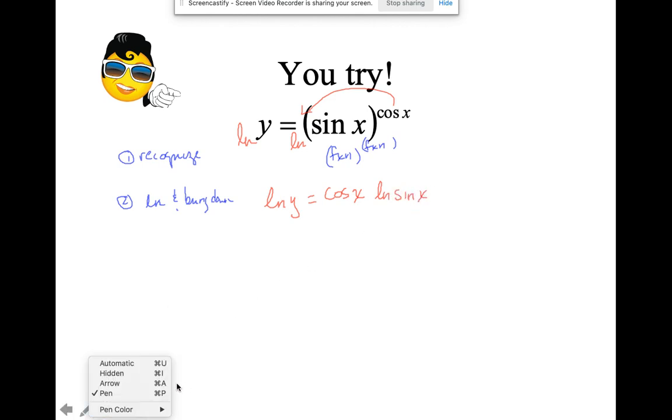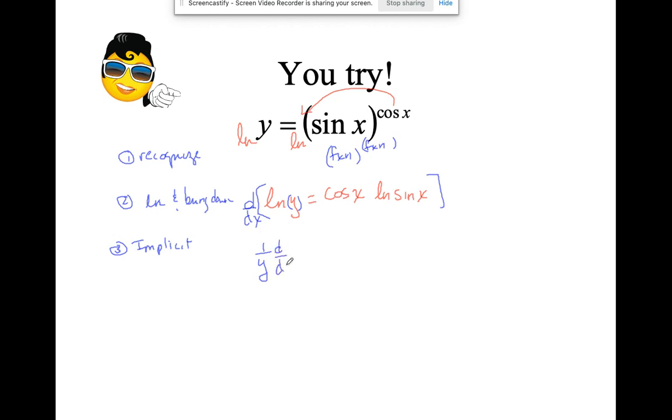Implicit differentiation. So the derivative of ln of stuff is 1 over the stuff times the derivative of the stuff. Chain rule, product rule. Product rule never changes.